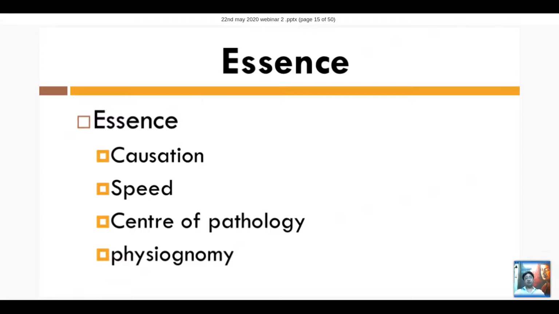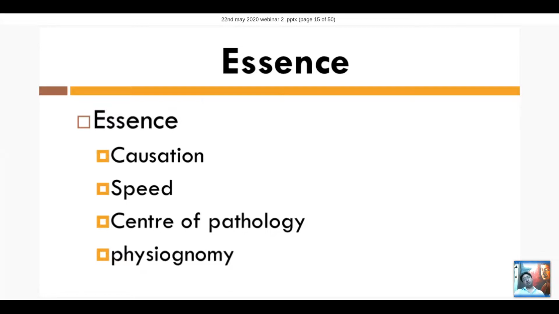Next is physiognomy, right? This we all know. Flatness of the body structure is the feature, or we can say the essence, of sepia. The thin, emaciated neck is the essence of natrum muriaticum. A tall person who grows fast is the essence of phosphorus. So if we understand this together, we can know what essence means, when Vithoulkas says essence, what he means by essence.